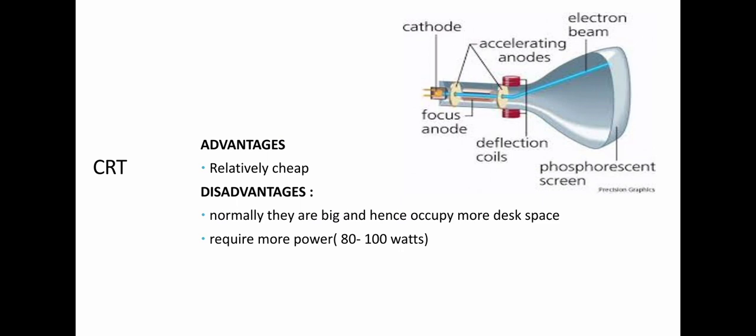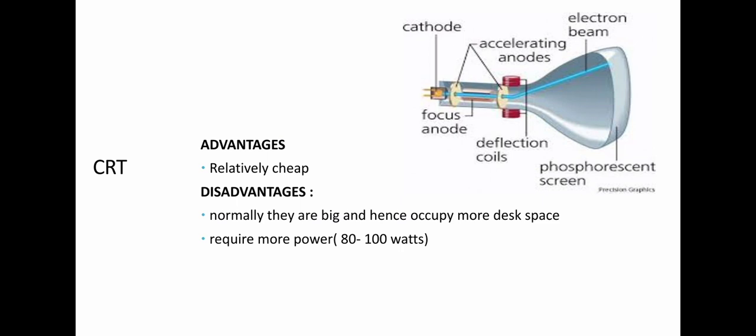After exiting from the electron gun, the beam passes through a pair of electrostatic deflection plates. These plates deflect the beam when voltage is applied across them. One pair of plates moves the beam upward and the second pair moves the beam from one side to another.